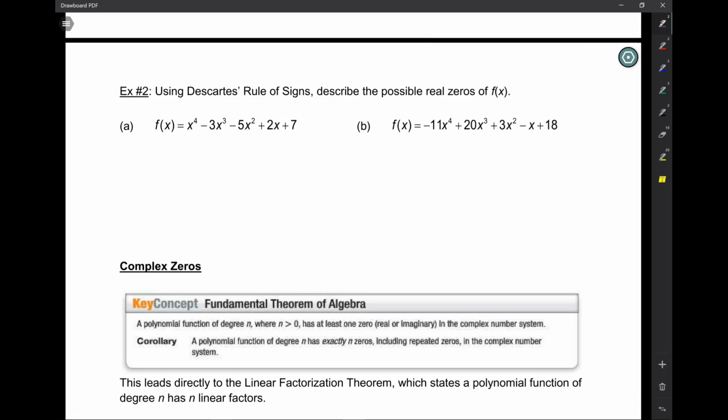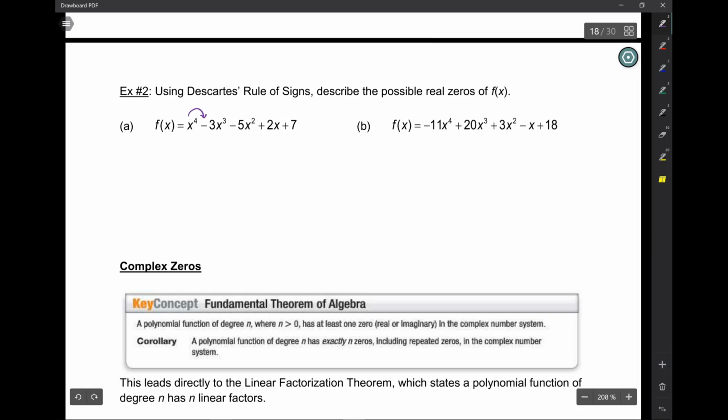Okay, so we have f of x. We want to jump from one coefficient to another and see how many times the signs will change, will vary. So take a look here. What's the coefficient of the first one? +1, right? So positive, then it switches to negative.